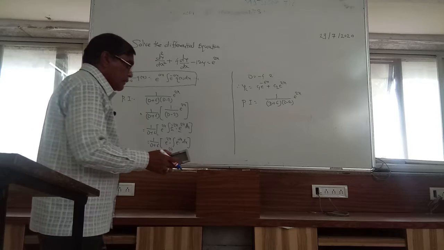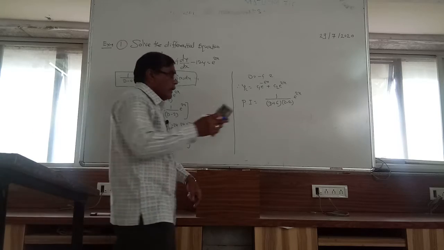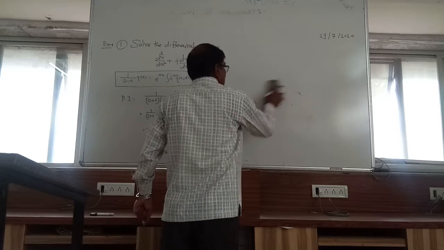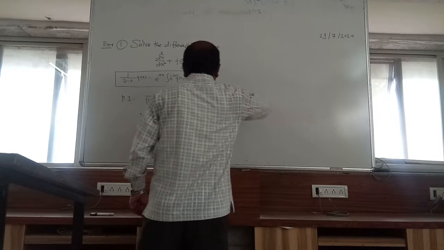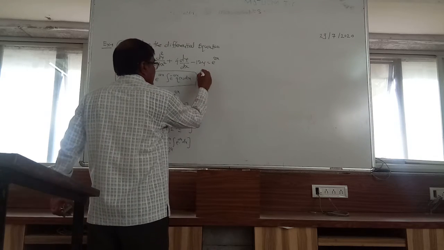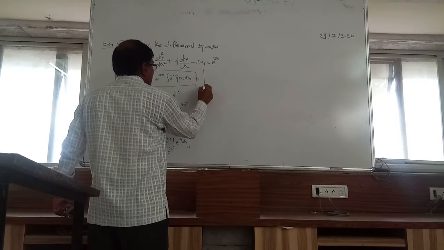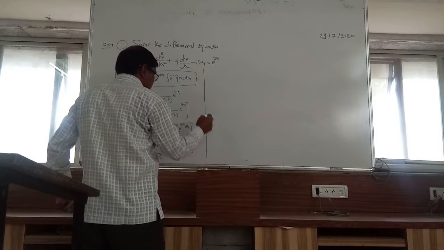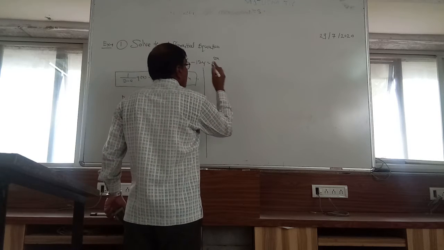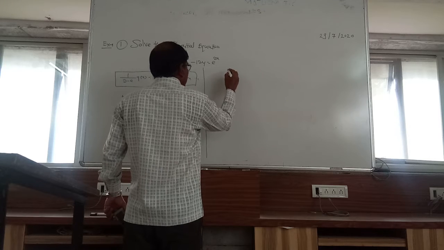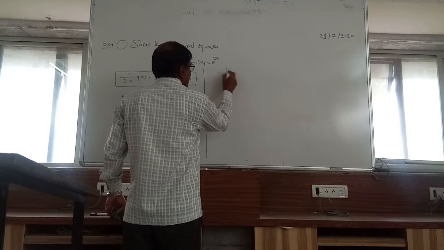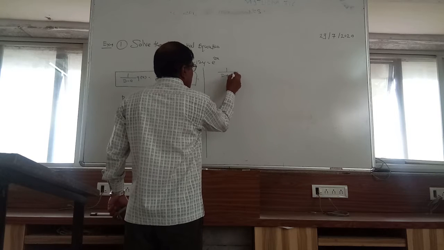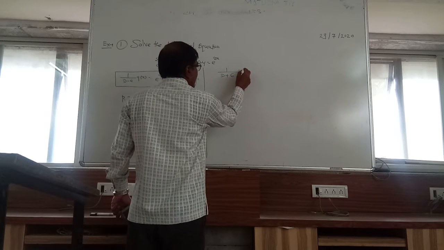Again applying the same formula, the effect of the operator 1 upon D minus a, by repeated application we have 1 upon D plus 6 of x into e raised to 2x.